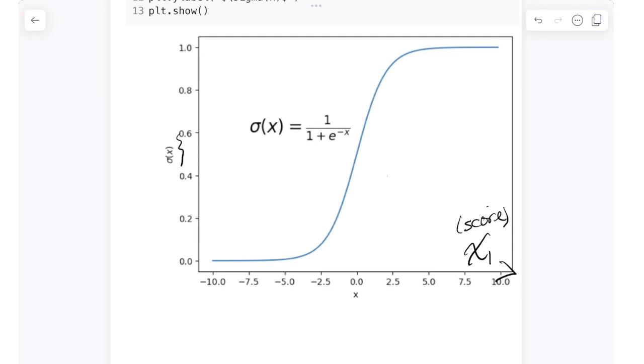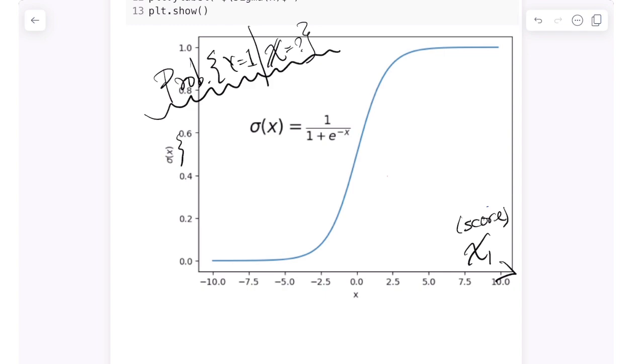The y-axis is not the probability of win.